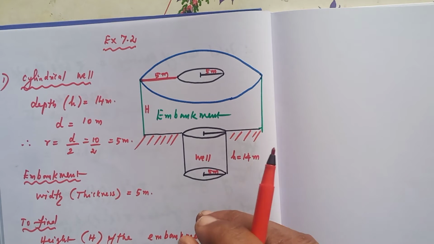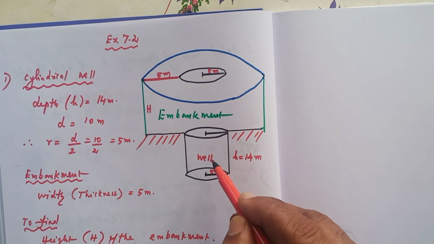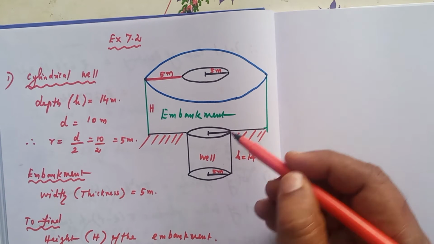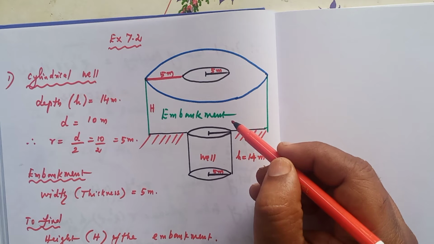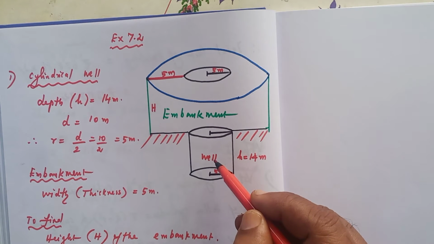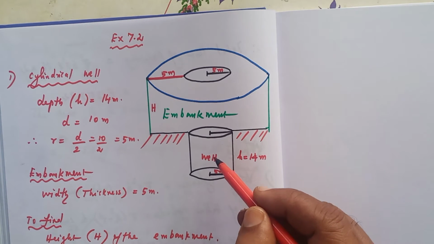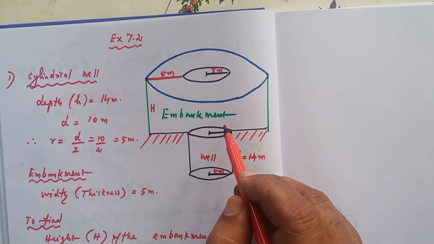Now, in this question, what have you understood? Here, the earth taken out is evenly spread to form an embankment. That means the volume of the earth taken out from the cylinder is equal to the volume of the hollow embankment.